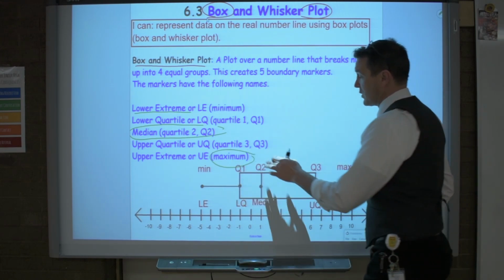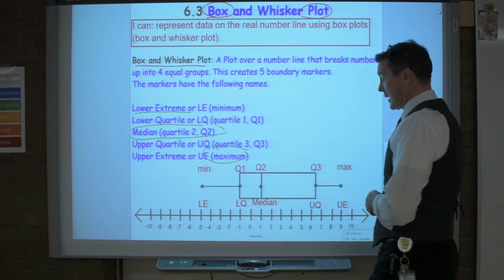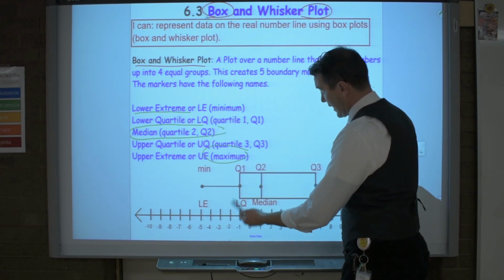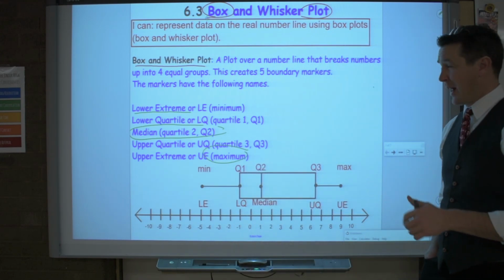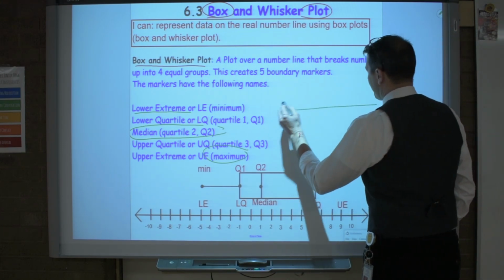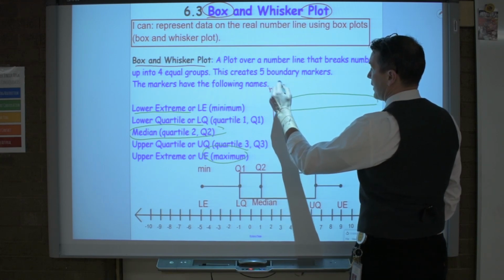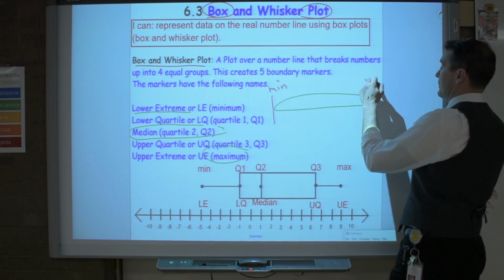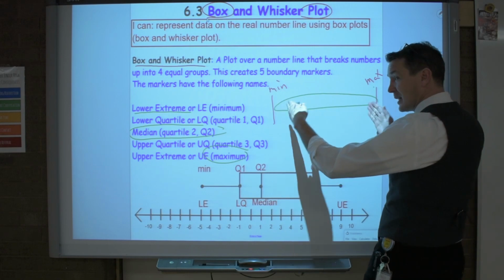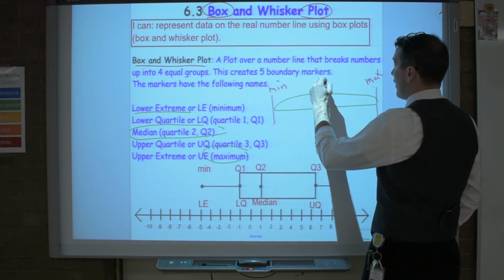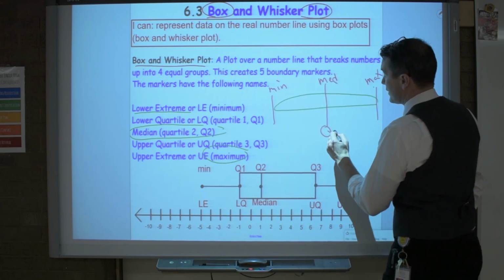And they sound really confusing. We call them Q1 and Q3, or the lower quartile and the upper quartile. They sound weird, but this is really what happens. I have my data. I look at it and I say, okay, there's going to be my minimum. And on the top here is going to be my maximum. And then I find the middle because I have it all in order, and that puts my median, also known as quartile 2.